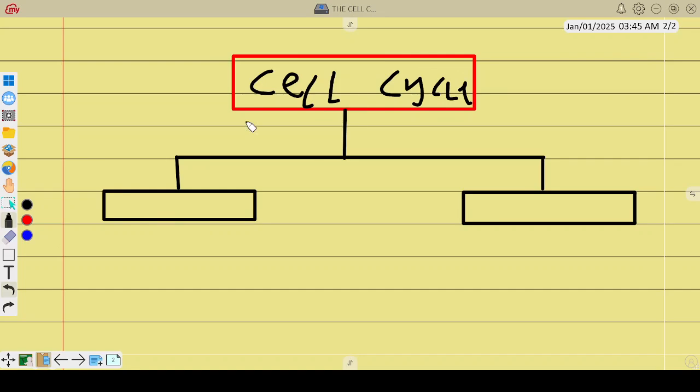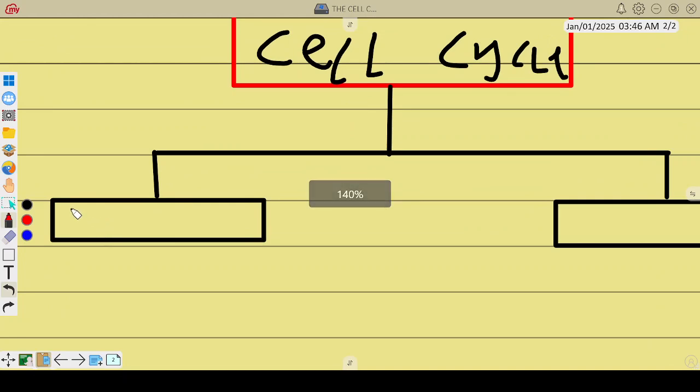I like summarizing biology using organograms, which are also called organizational charts. So the cell cycle, what do we find in the cell cycle? There are 2 phases in the cell cycle. These phases, we have interphase here.